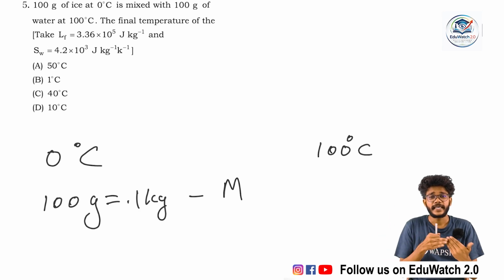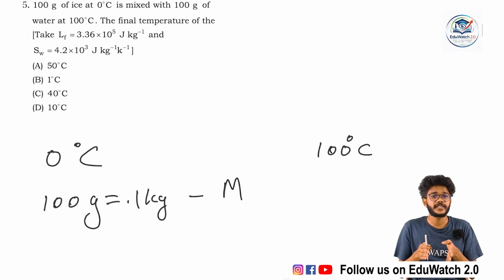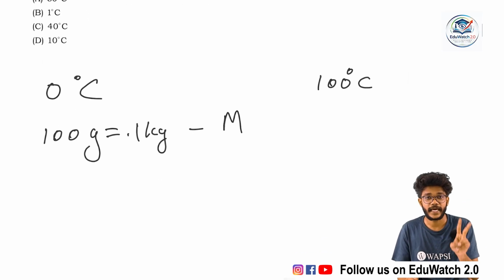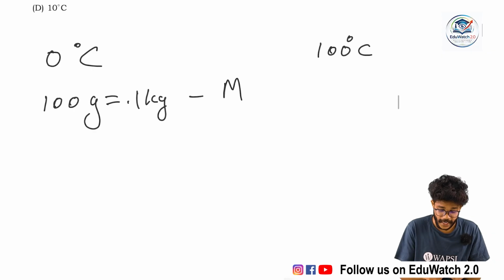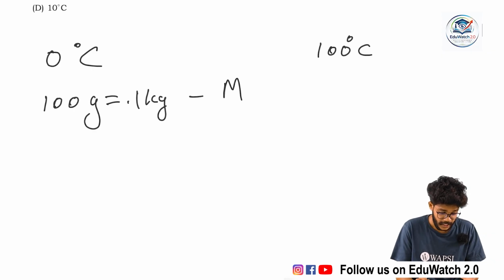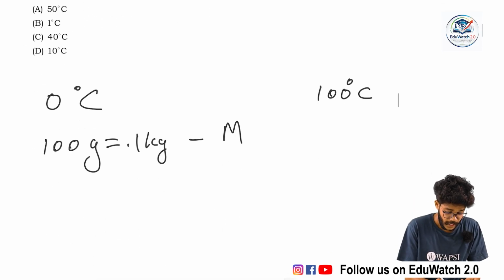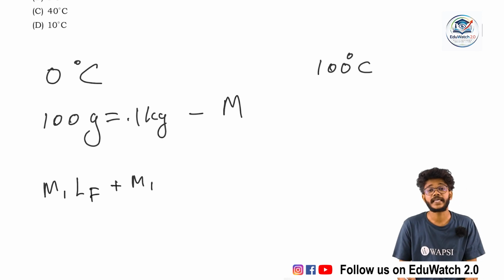Then only the change in temperature takes place. First we need to change the phase, second we need to change the temperature. So for two purposes we are using the energy from the 100 degrees Celsius liquid. So M1 into LF, the latent heat of fusion is given, plus M1 into specific heat of water.